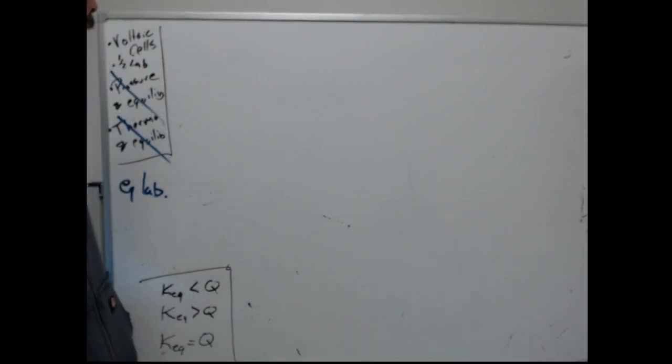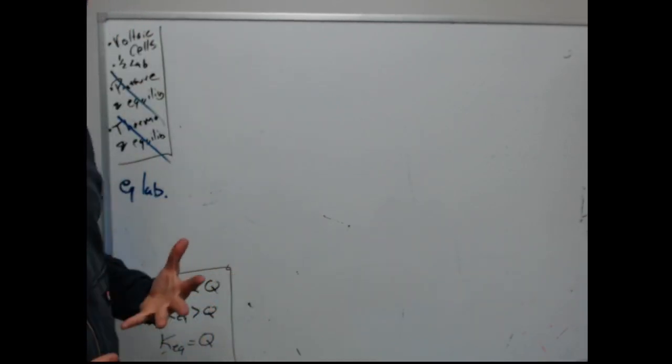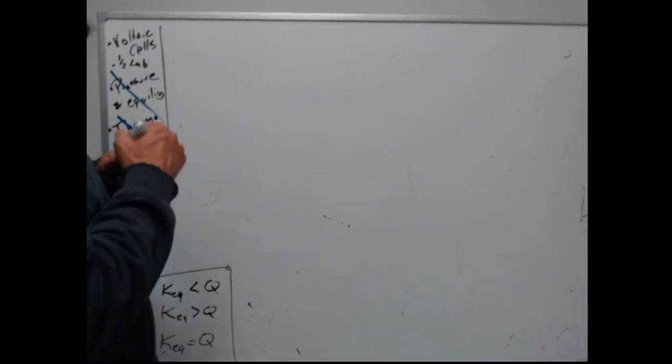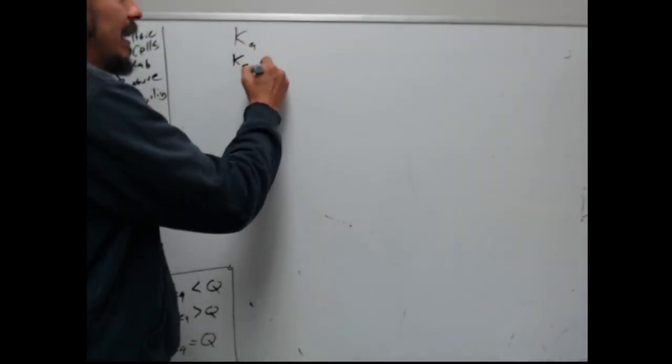Okay, so we are now moving on to talk about voltaic cells. The switch to voltaic cells was kind of chunky, because when we were looking at acid-base reactions we were using Ka, and when we were looking at precipitation reactions we were looking at Ksp.